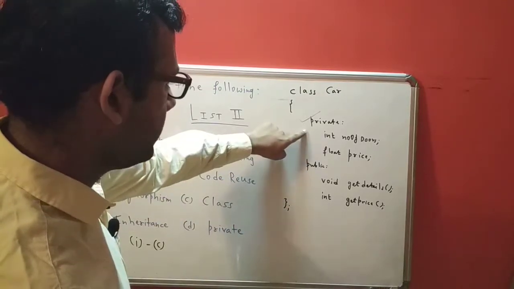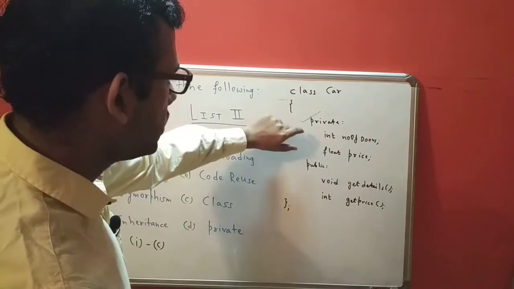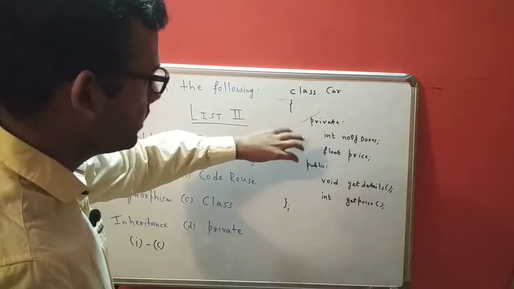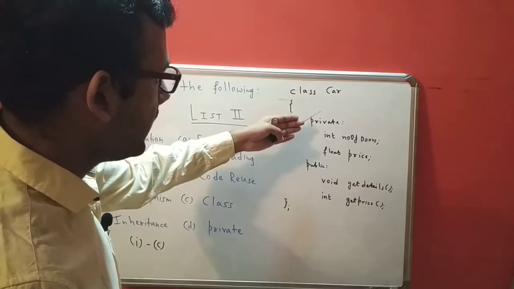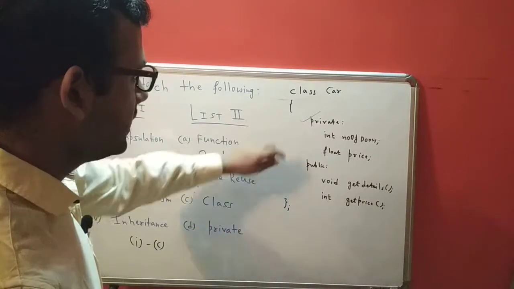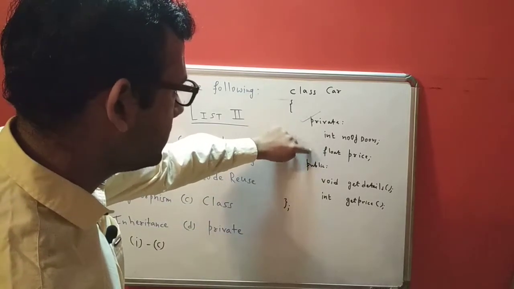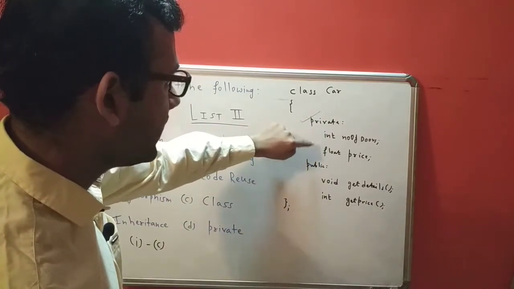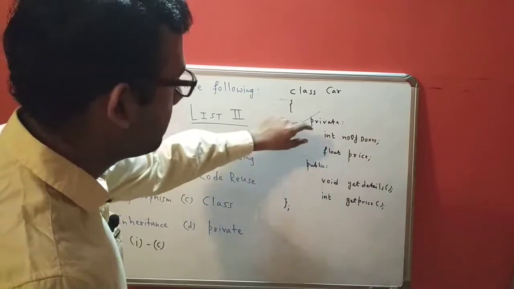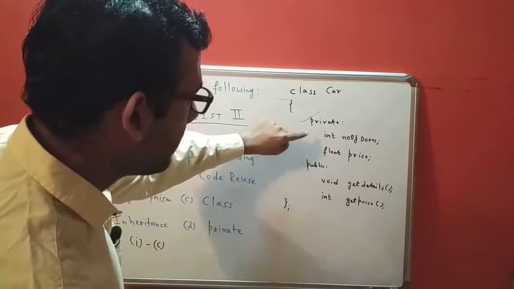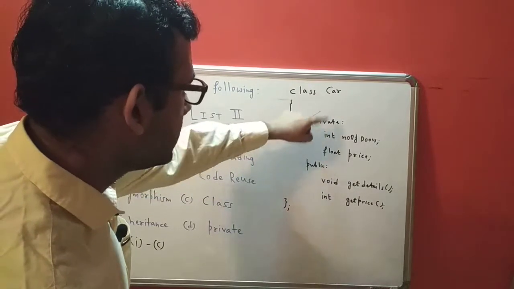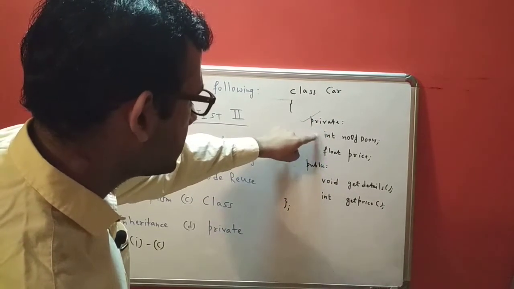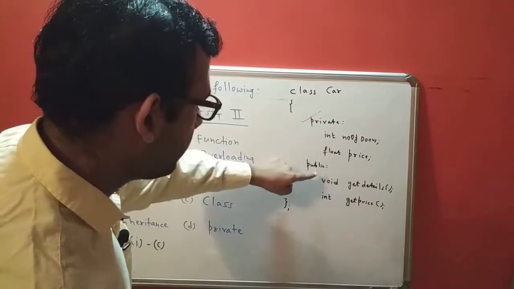If you use the private access specifier, you conceal your members, whether data members or member functions, from access outside the class. So if I have these data members as private, they are hidden from outside the class. But they can be accessed, mind you, by members which belong to the same class in which they are declared. That means I have two data members belonging to the class car, and I have two member functions.